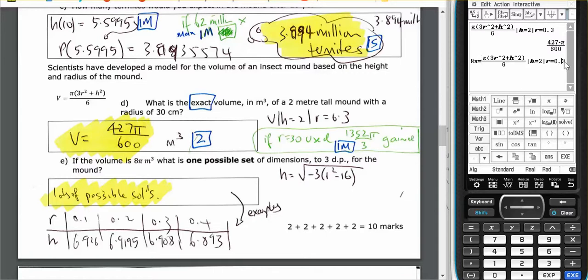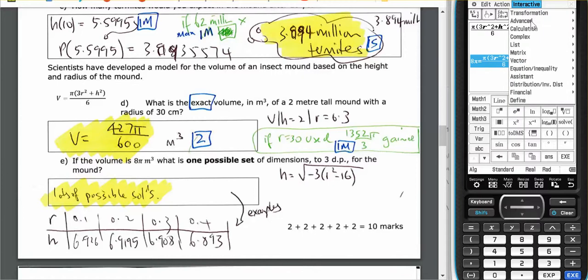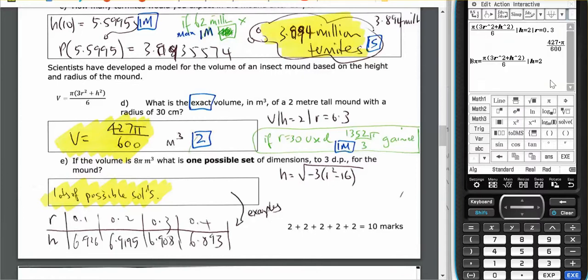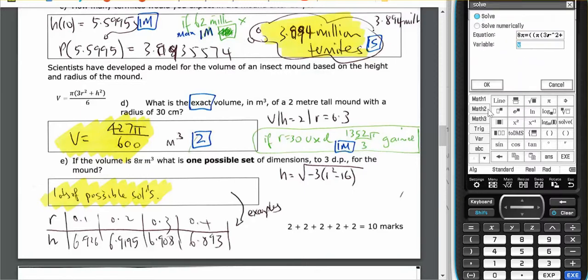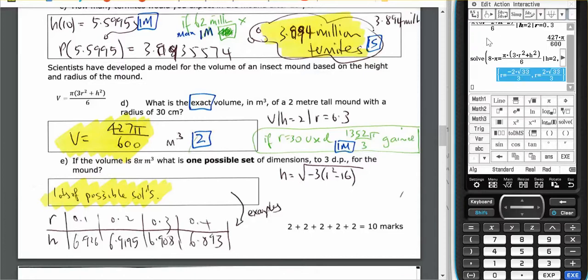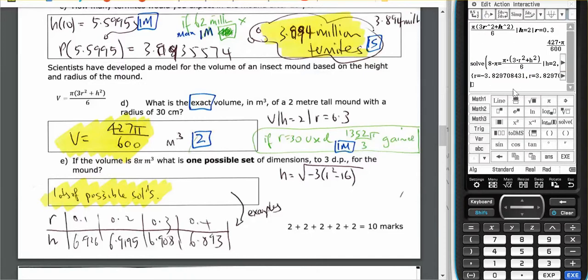and I'm looking for some values, and if I set h equal to 2, solve for r, then that's one possible value.